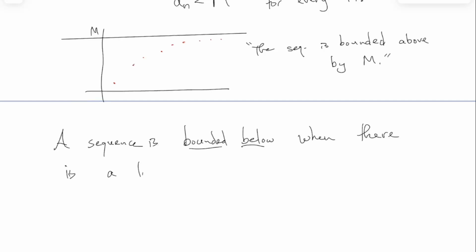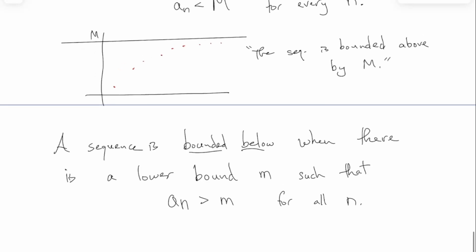I hope you don't mind, but our book calls the lower bound little m, which means, I guess, minimum. Big M is what they call the upper bound. Little m is what they call the lower bound. So bounded below when there is a lower bound, little m, such that a_n, the sequence term, is always bigger than the lower bound for all n. All right.